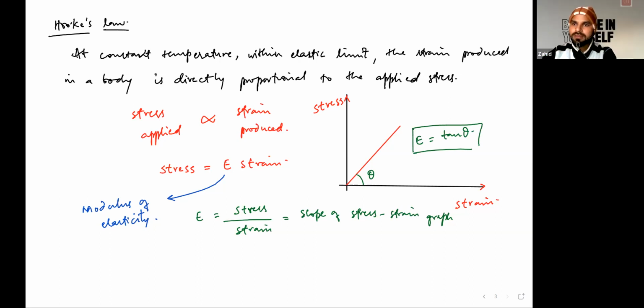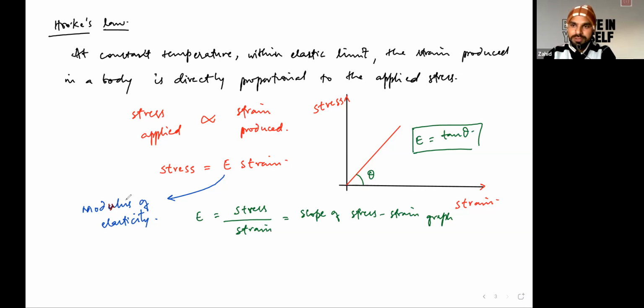Now, the next term will be, what do you mean by modulus of elasticity, or what would be the physical meaning of modulus of elasticity? So you'll say, modulus of elasticity defines the elastic behavior of a substance. Greater the value of modulus of elasticity, the more elastic the substance is. Next, it will depend upon two factors.